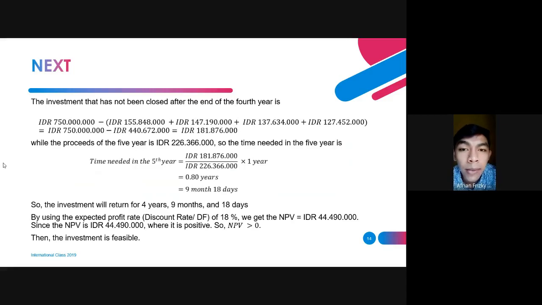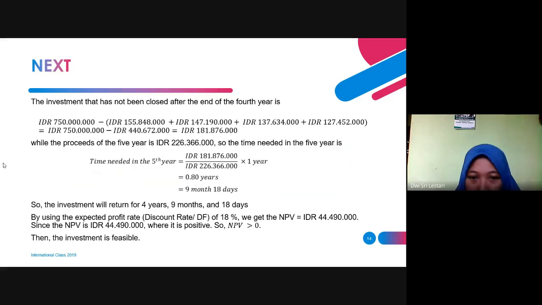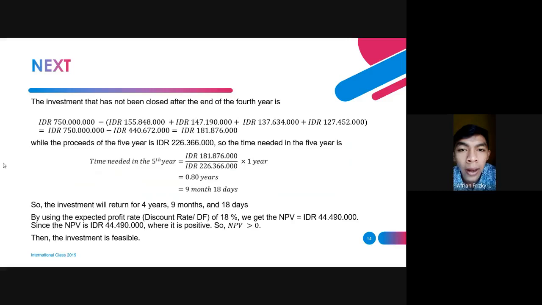So the time needed in the 5th year uses the formula of 181 million and 876,000 rupiah divided by 226 million and 366,000 rupiah times 1 year.